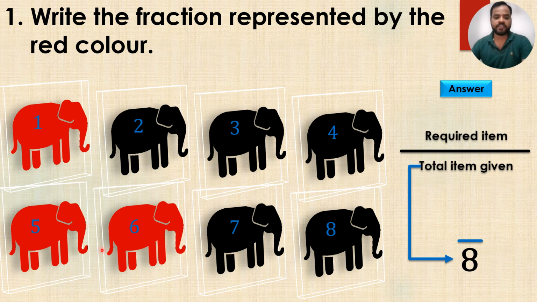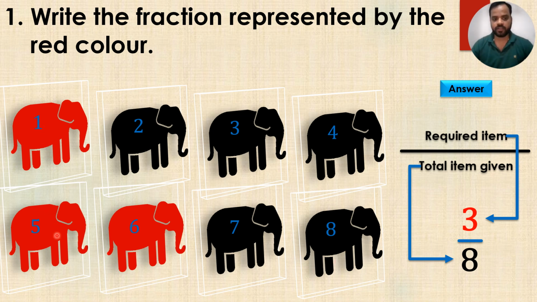So how many elephants are of red color? It is the required item, so it will come in the numerator. There are 3 red colored elephants. So how to calculate? Let us see. There are 3 red colored elephants out of the total 8 elephants.